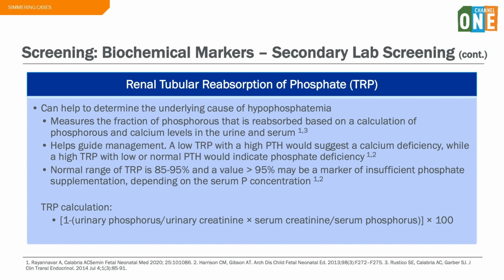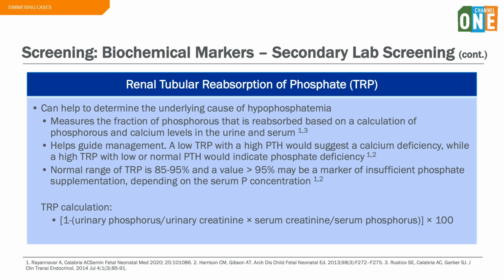This value is often used in conjunction with PTH, where a low TRP with an elevated PTH may suggest deficiency of calcium in the diet, while a high TRP with a low or normal PTH may indicate a diet deficient in phosphate. Depending on the serum phosphorus concentration, a small amount of phosphorus in the urine is expected, and values of 85 to 95% renal reabsorption are considered normal.